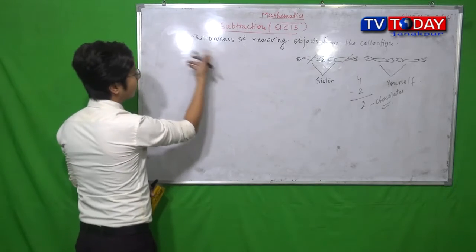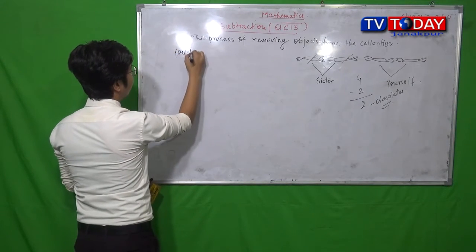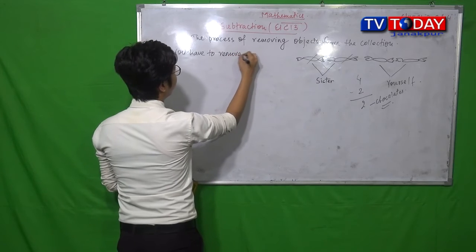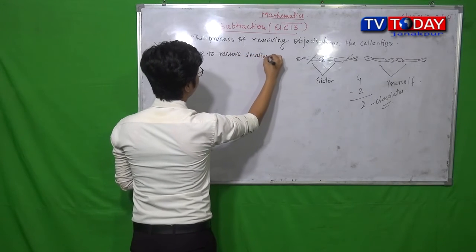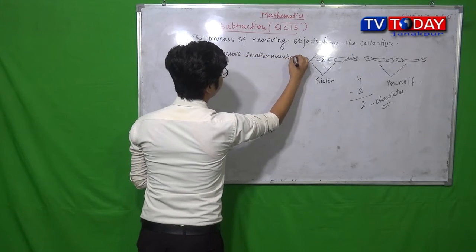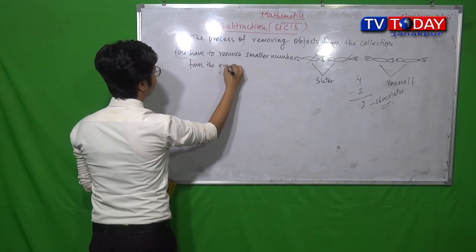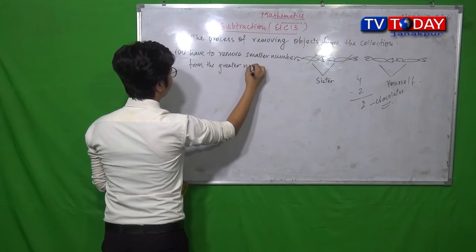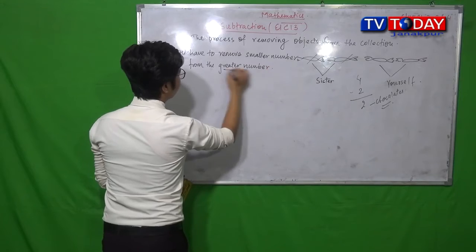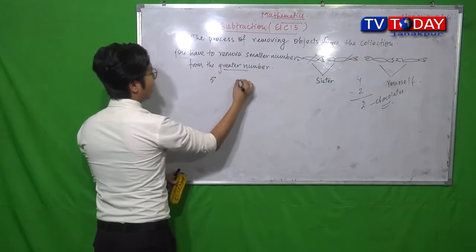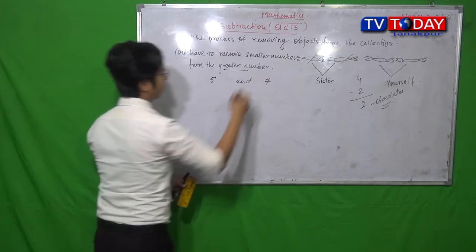So in subtraction you have to what? You have to remove a smaller number from the greater number. So let us suppose 2 numbers, here is 5 and here is 7.